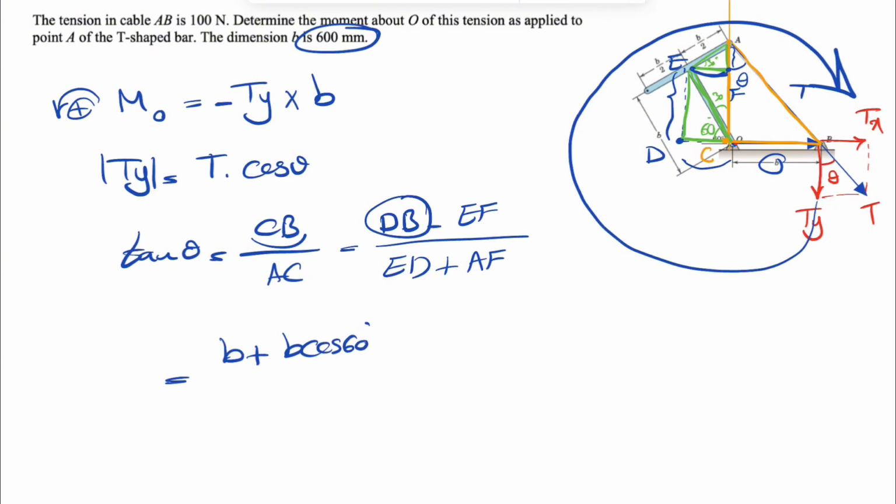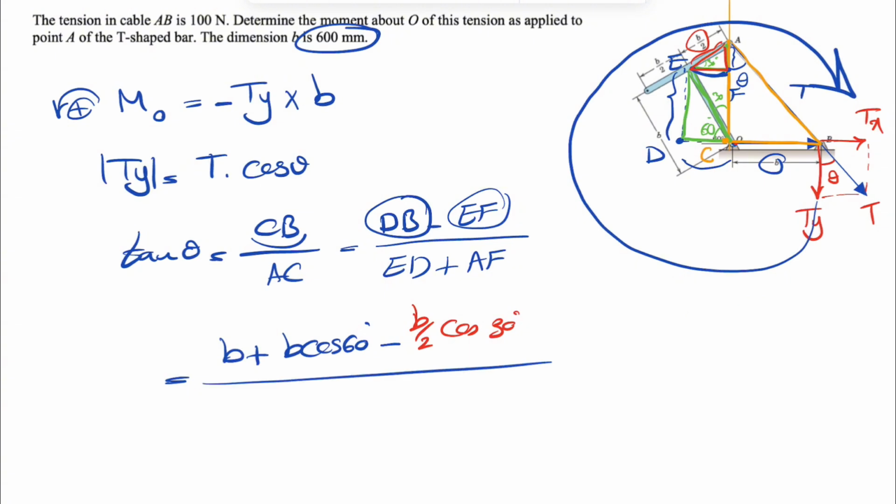That's DB. For finding the EF, we have the base of the other right triangle, which I'm going to show in red. We know the hypotenuse is B over 2, so we have 1/2 of B times cosine of 30 degrees.